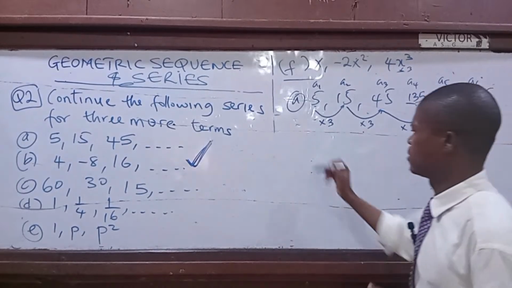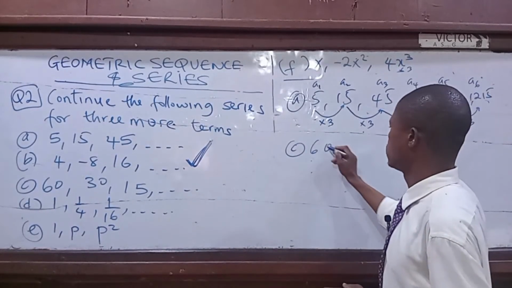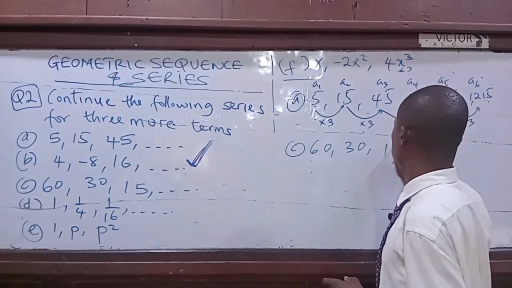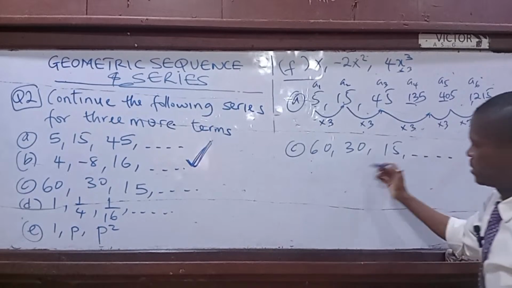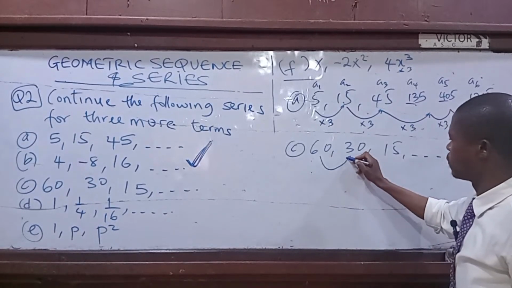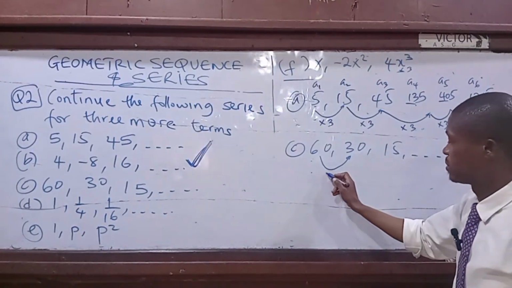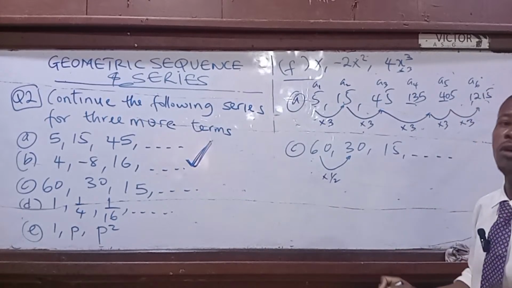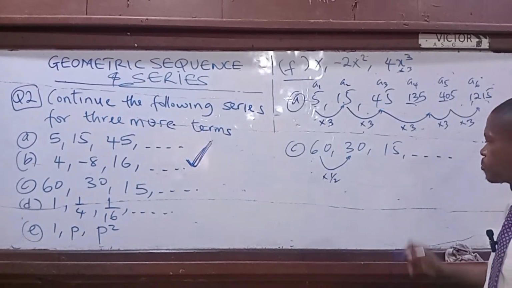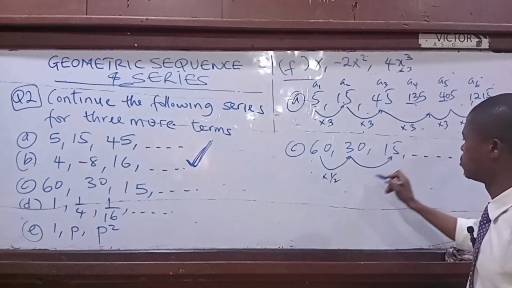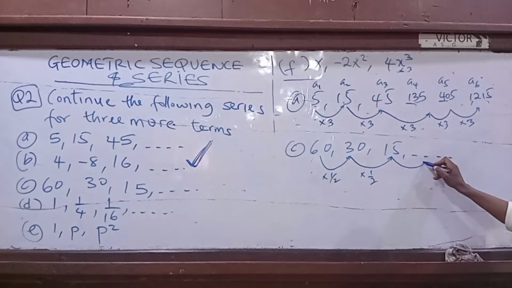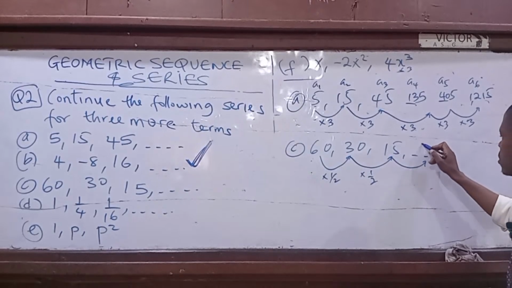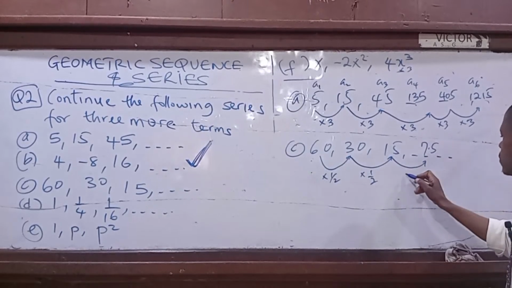For the C parts, we have 60, 30, 15, and it goes on like that. You can see this sequence is half of the previous value, times 1/2, or divided by 2. So the fourth term will be what? 7.5 times 1/2.